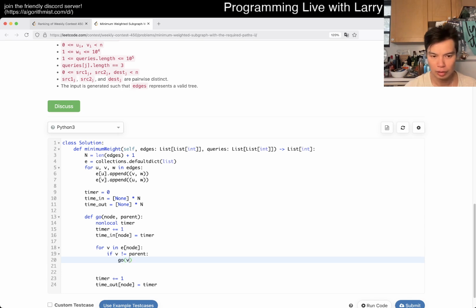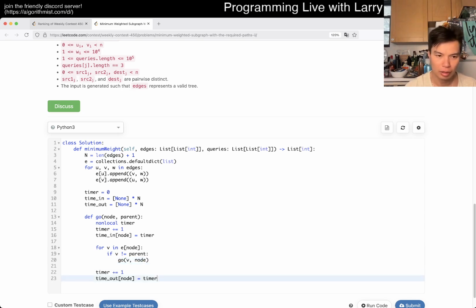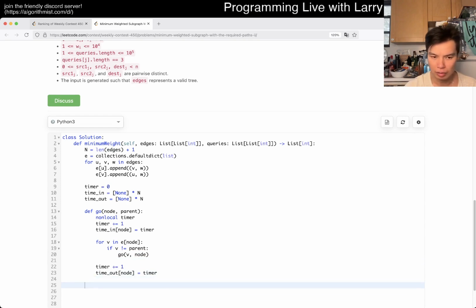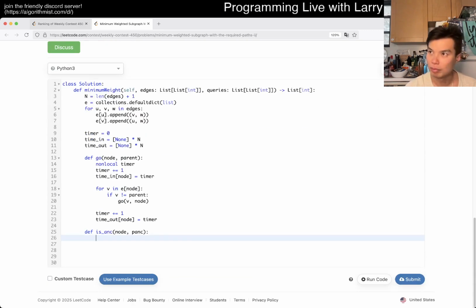Go reload. Okay, so there we go. And then now its ancestor is just, okay. It's something like no possible ancestor. So it is an answer. Which way does it go? I don't even remember. Return time in of node.